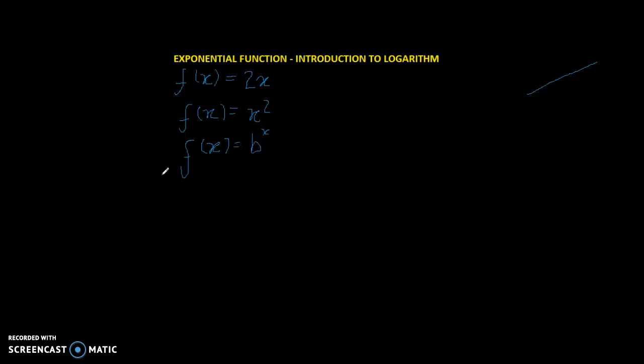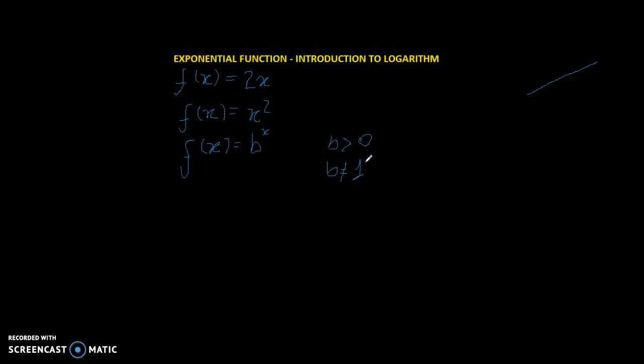Well, but that's what we call the exponential function, and there are some conditions on the value of b, so that the exponential function exists. The first condition is that b is bigger than 0, and the second condition is that b is different from 1.